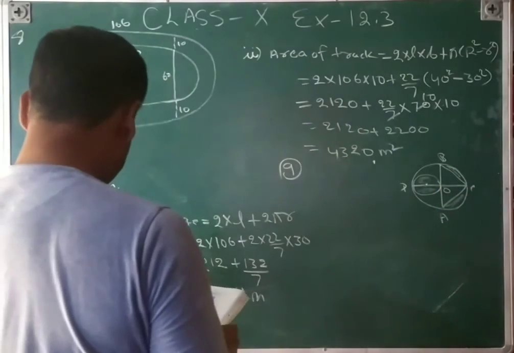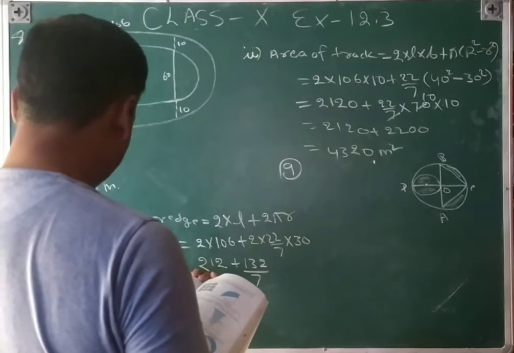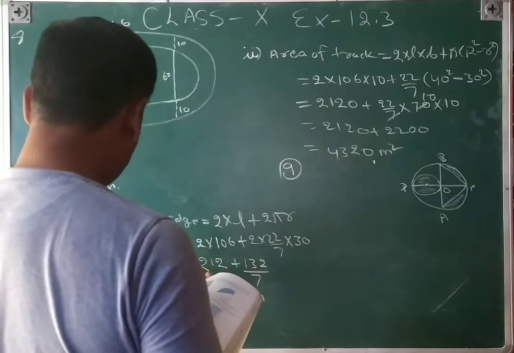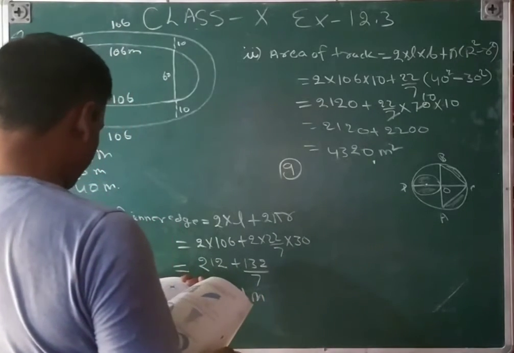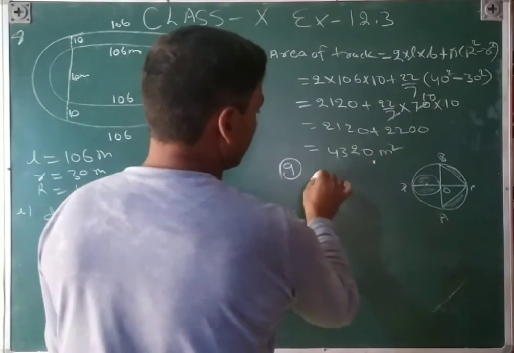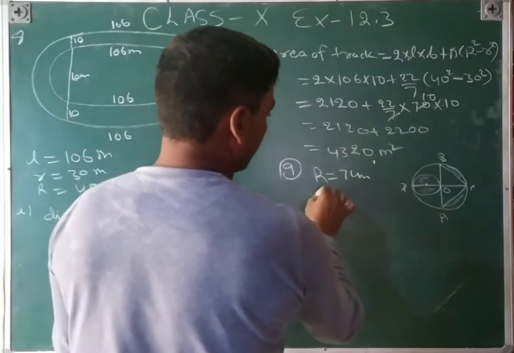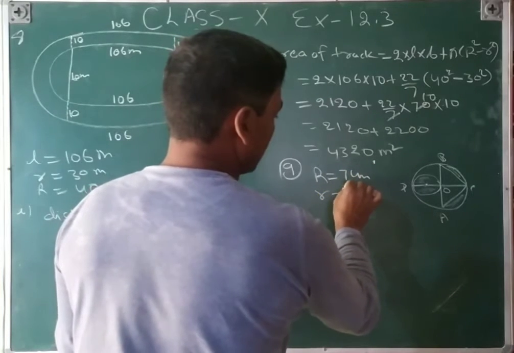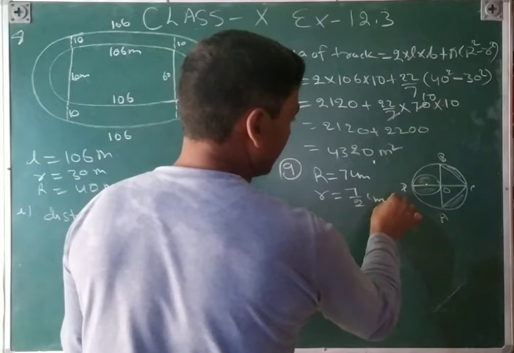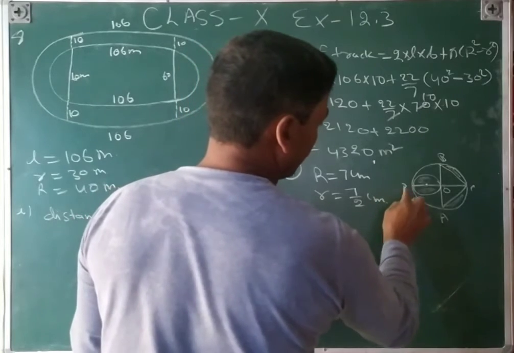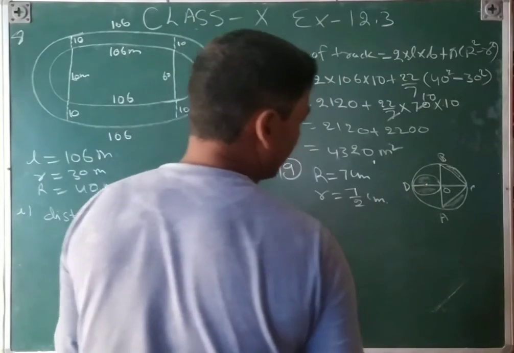First of all, we will see what is given here: OA is the larger radius, given as 7 centimeter. So the smaller radius will be 7 upon 2 centimeter.